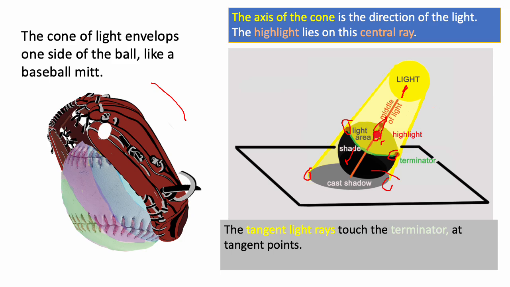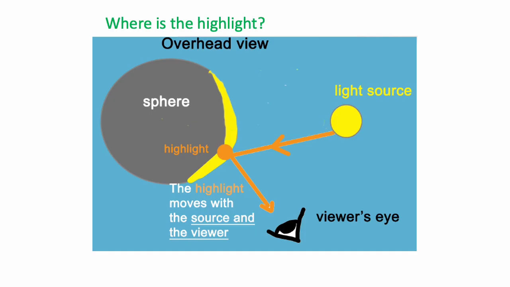To understand highlights, you need to look at the relationship between the sphere, the light source, and the viewer's eye. The highlight is the exact spot where the ray hits the sphere, then travels directly to the eye, so it's the lightest part of the sphere. The highlight moves not only with the light source, but also with the viewer. And it's the only element in shading that moves with the viewer.